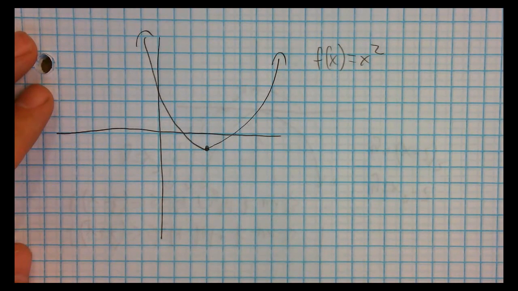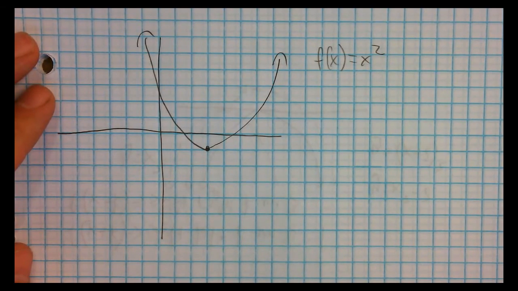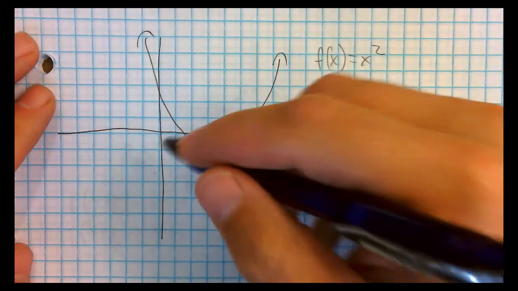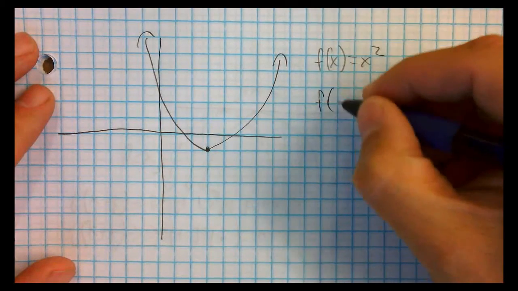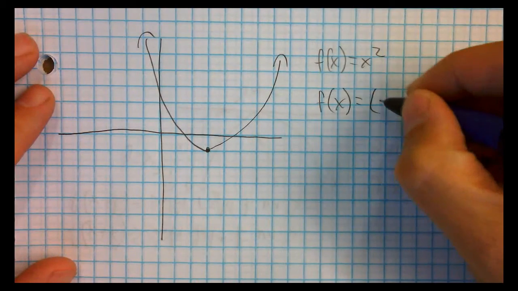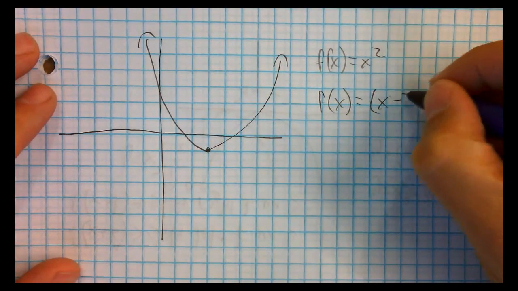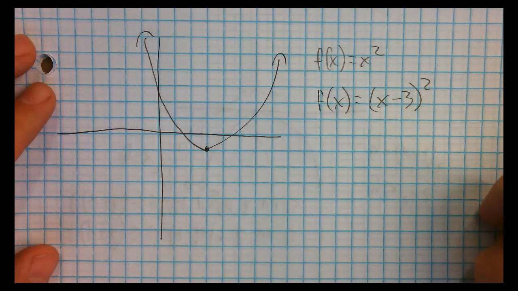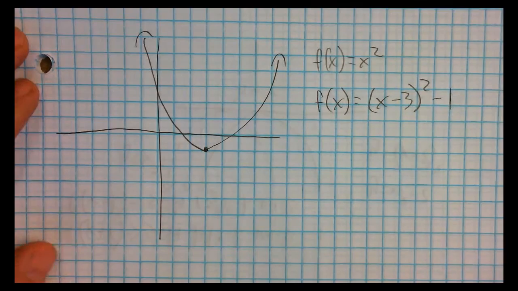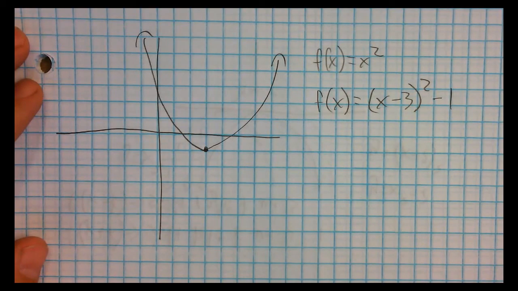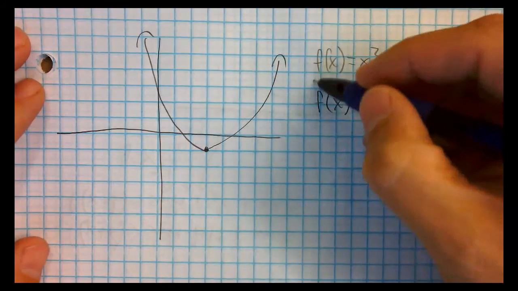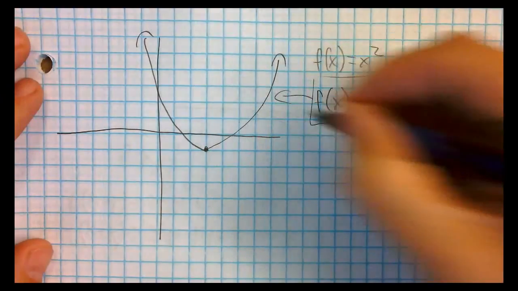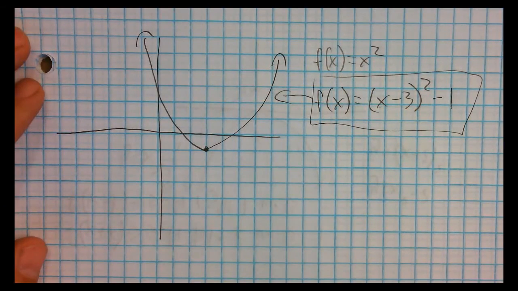We have a shift to the right, and we have a shift down. Well, how do I shift it to the right 3 units? To shift it to the right 3 units, I would go x minus 3 inside my function. And then to shift it down, I would go minus 1 at the end. All right, so this is the graph of this. And I can do that just by looking at the graph of it.